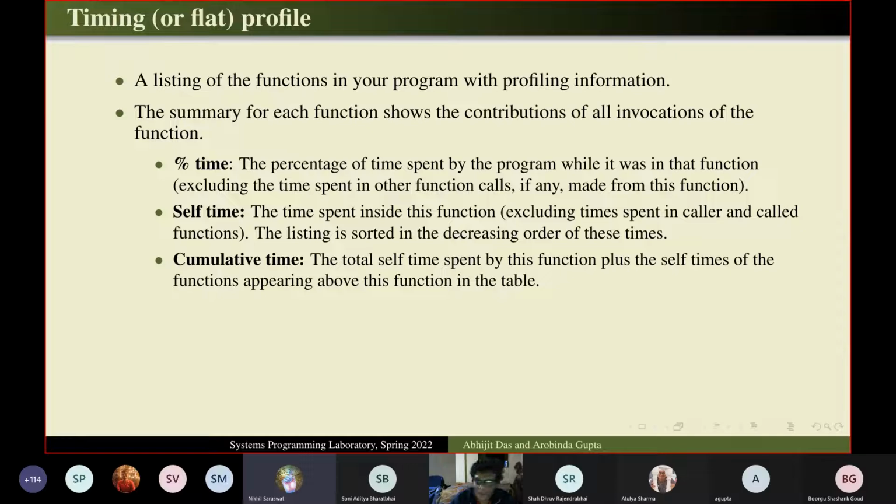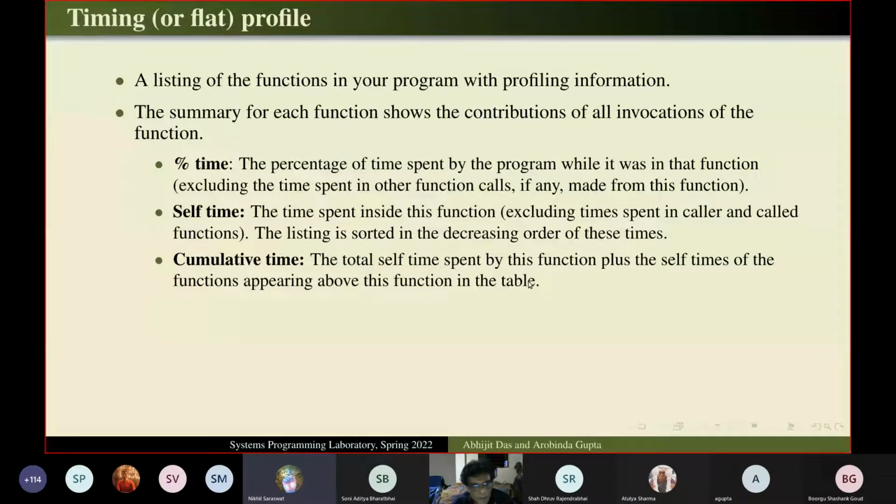That's the interpretation. This has nothing to do with caller or called functions. It's just a sum of the self times of the functions appearing above this function in the table, plus, of course, the time spent by this function.